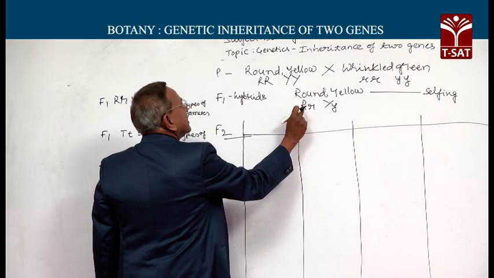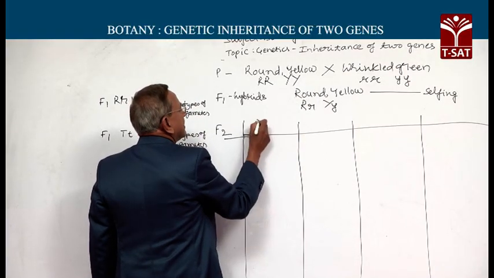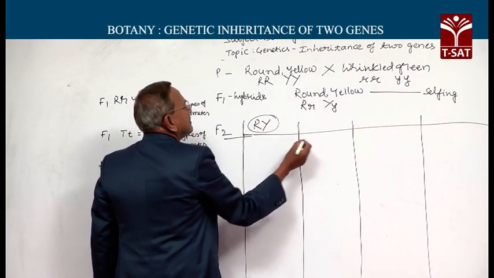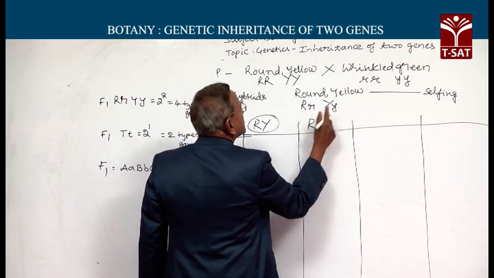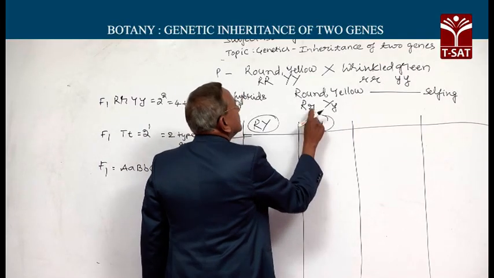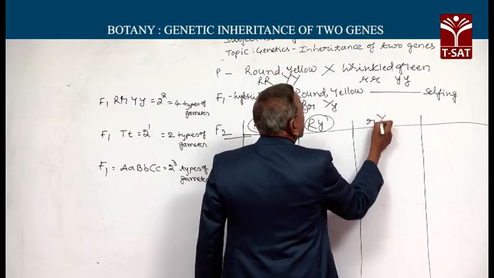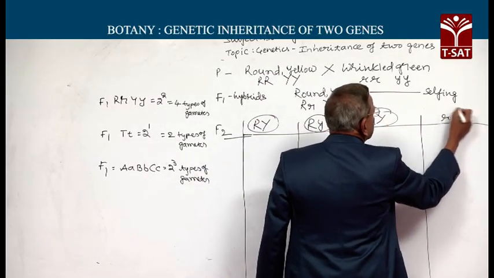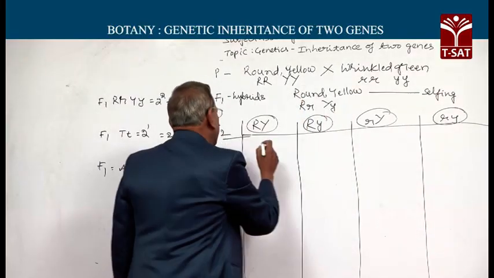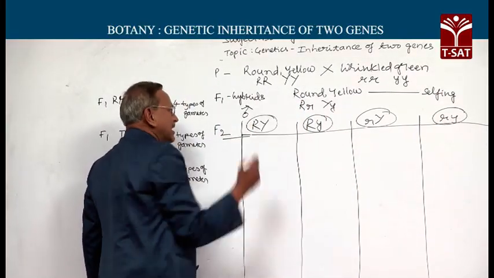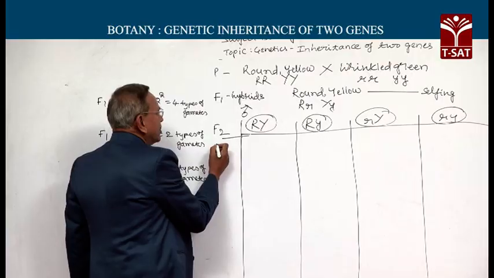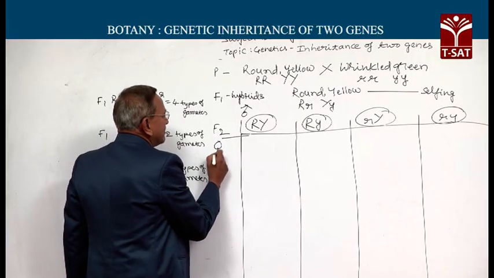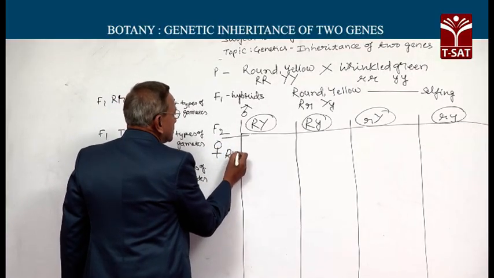Here we have capital R, capital Y; capital R, small y; small r, capital Y; small r, small y. These are 4 possible types of male gametes.